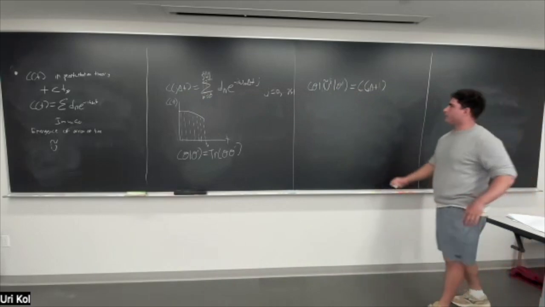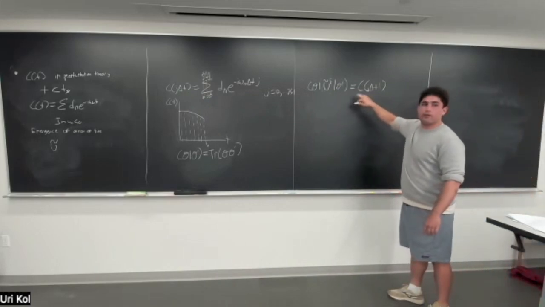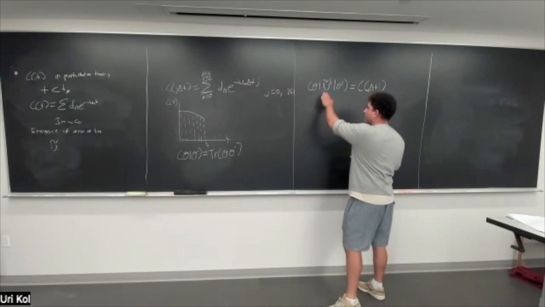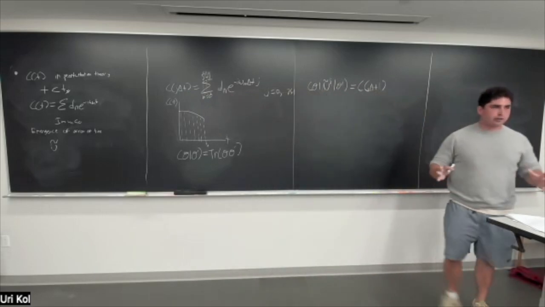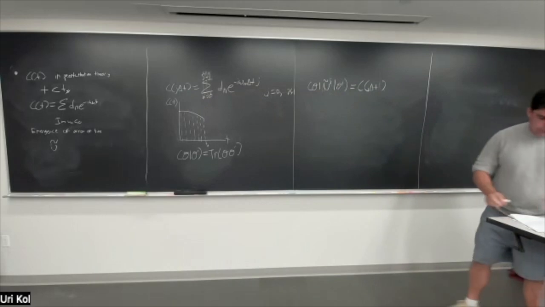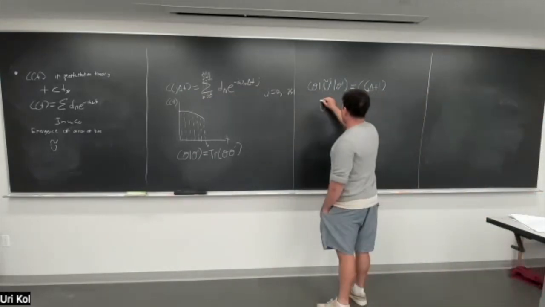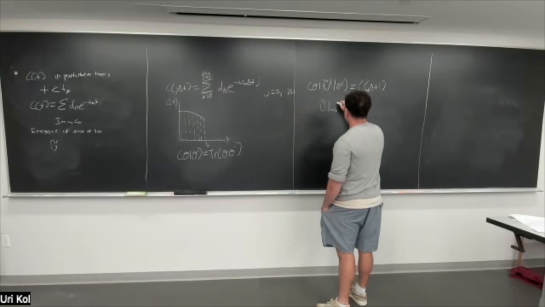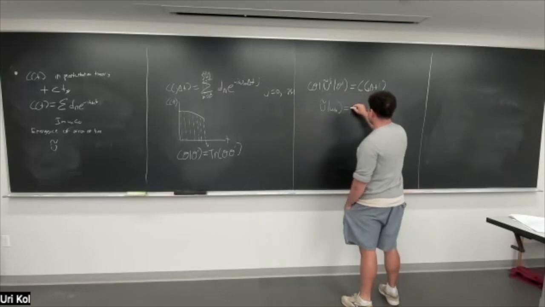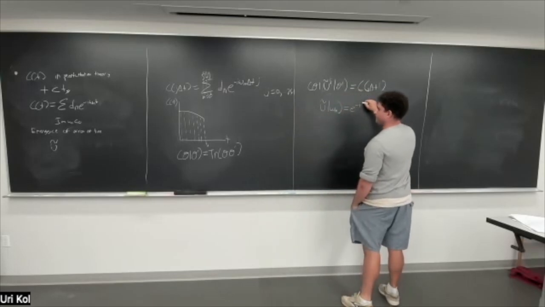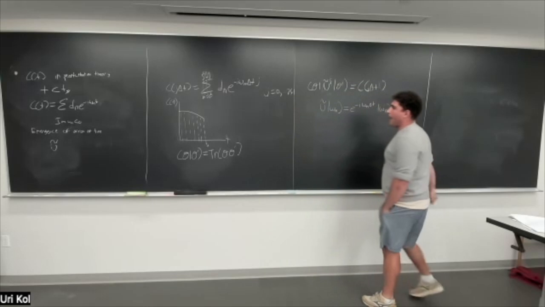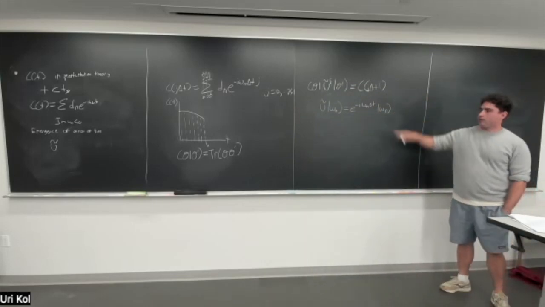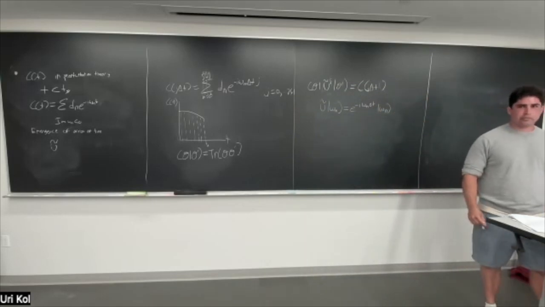If you compare this side with this side, we see that the eigenvalues of U tilde are just these omega_n's. And in particular, we have the following eigenvector equation. U tilde is a finite dimensional operator, and it has s eigenvalues. And these are the eigenvalues. Does this make sense?